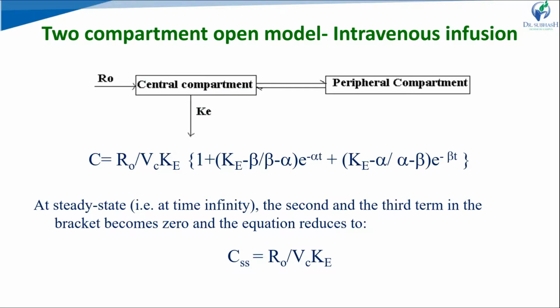C is equal to R0 upon Vc into Ke, in the bracket 1 plus, in the bracket, Ke minus beta upon beta minus alpha, e raised to minus alpha t, plus, in the bracket, Ke minus alpha upon alpha minus beta, e raised to minus beta t. At steady state, the second and third terms in the bracket become 0, and the equation reduces to C steady state is equal to R0 upon Vc into Ke.